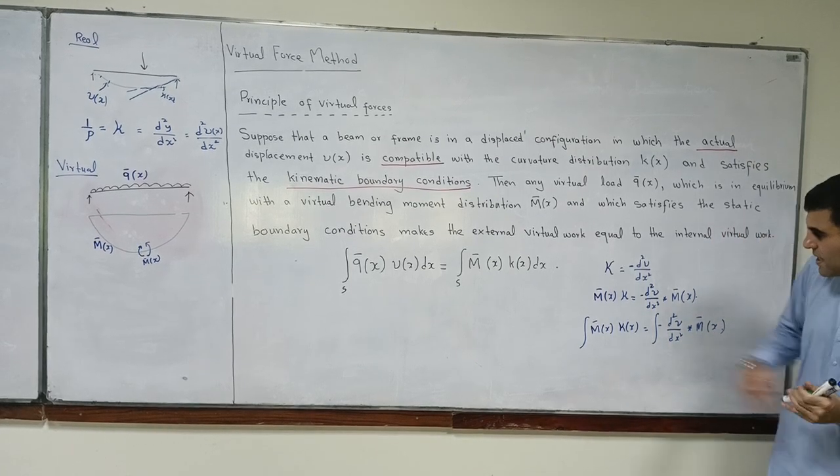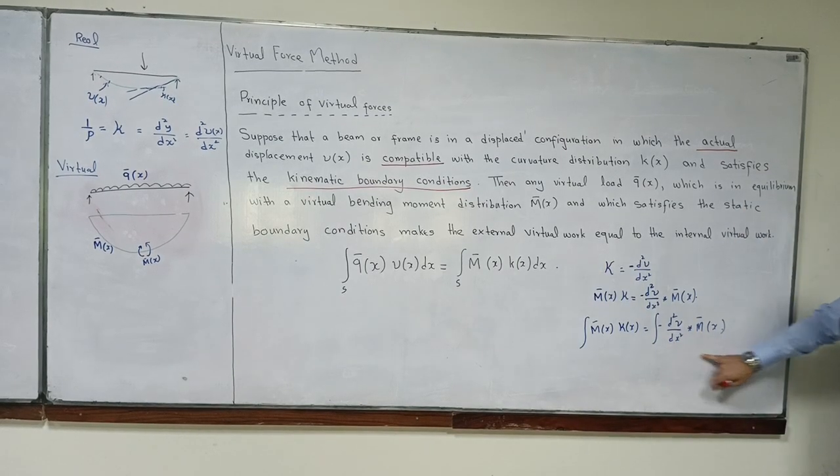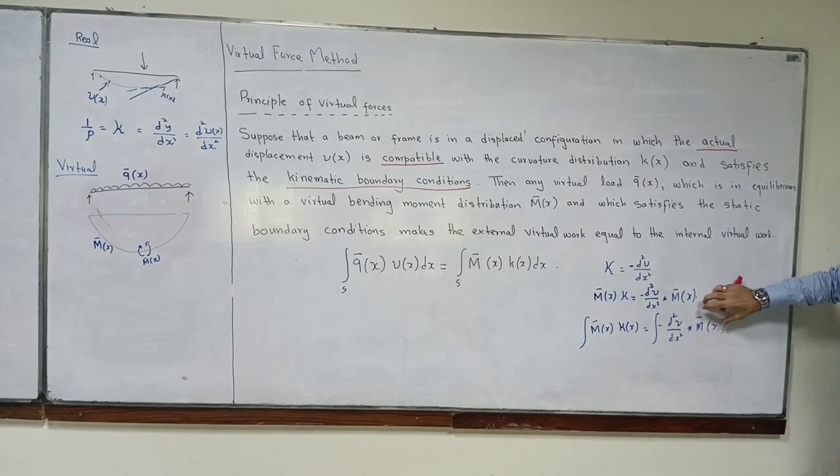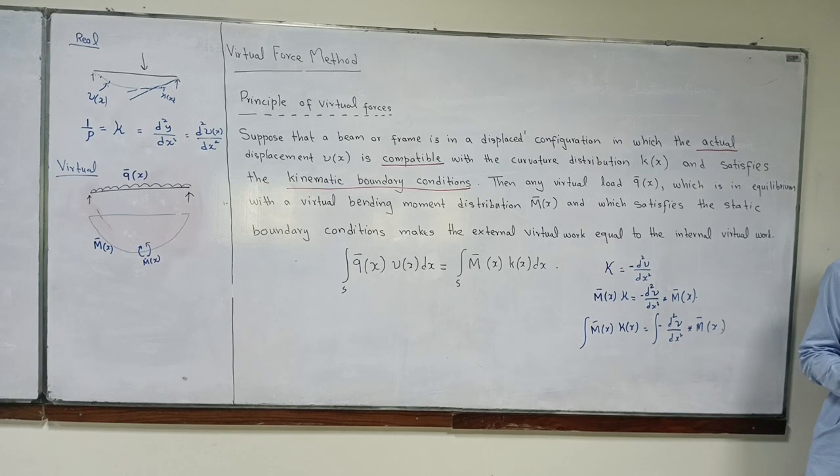Okay, so this is the right hand side, and this one, what happens? This one you have to do integration by parts. You do integration: first function, integral of second, minus whole integral, differential of first and integral of second, isn't it?